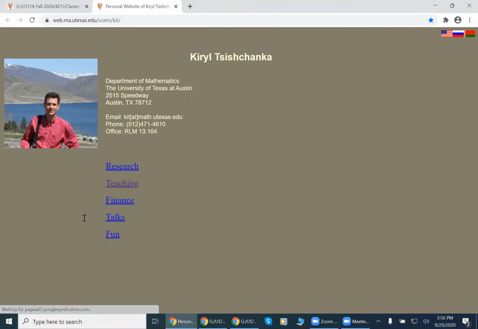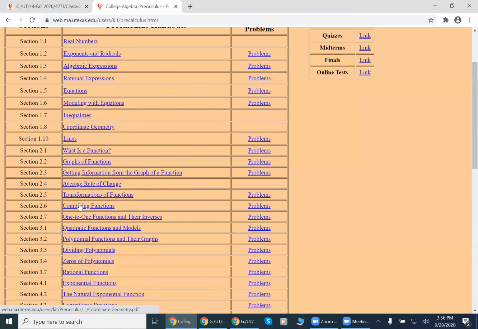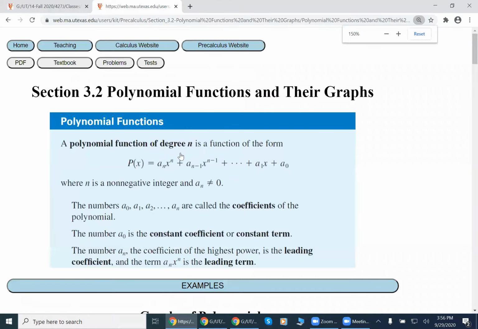Here's why. Let us go back to pre-calculus and look at polynomials. Take a look at the definition. A polynomial function of degree n is this function where, and now over here, a_n is not equal to 0.